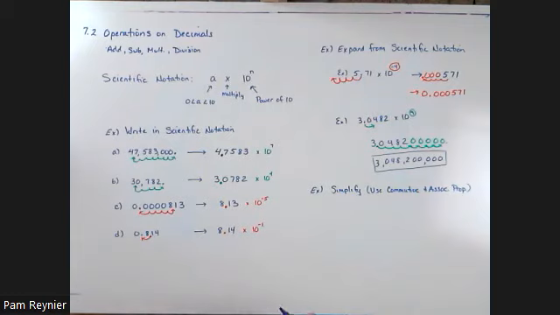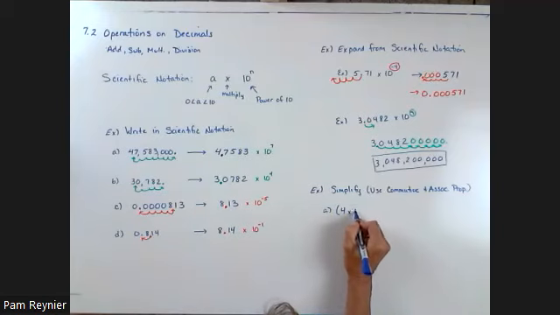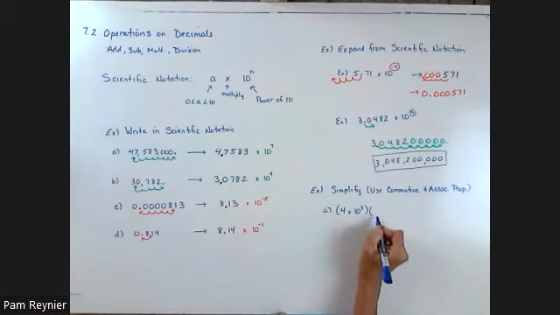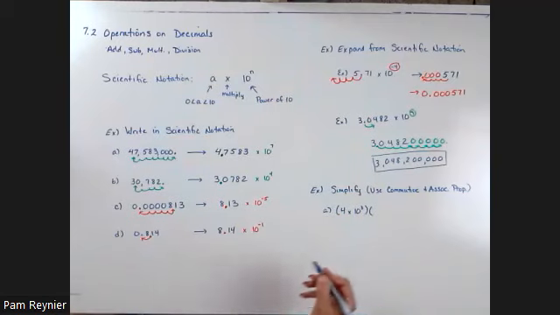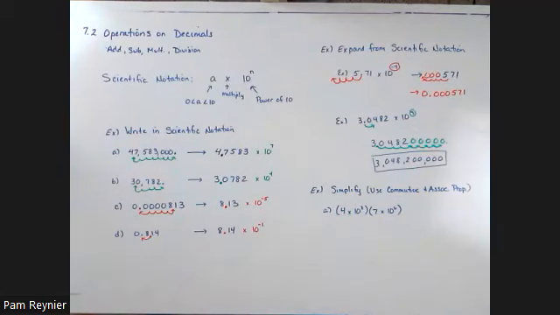So let's say I give you, let's do this one. How about 4 times 10 to the 3rd times 7 times 10 to the 6th? Well, you'll notice there's no addition, no subtraction going on. It's all multiplication. So I'm going to rearrange these.